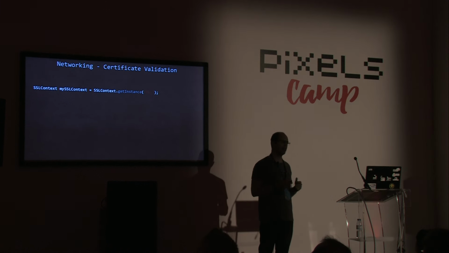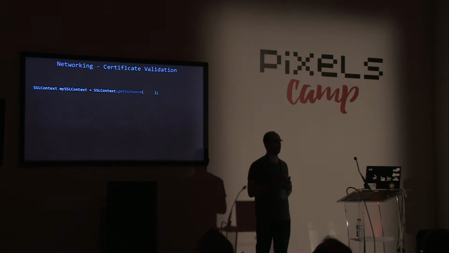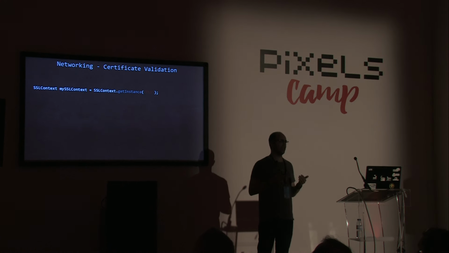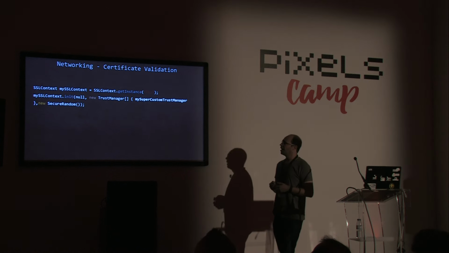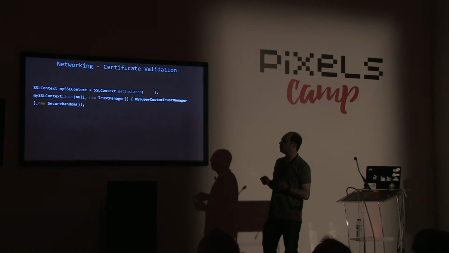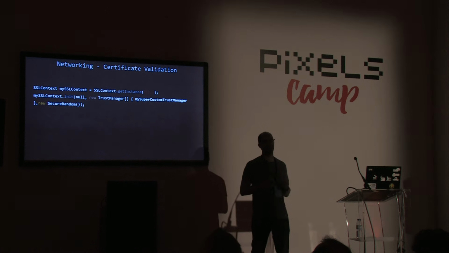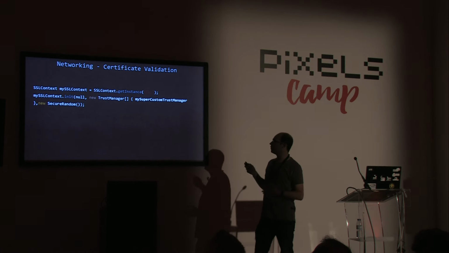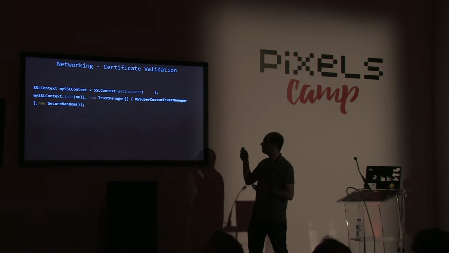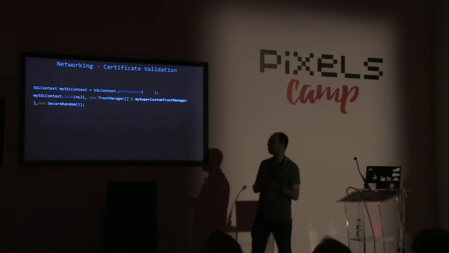So the first scenario was that self-signed certificate. The developer was Googling, okay, I found a solution to get rid of those errors. It implies creating an SSL context. We're going to initiate the context with something called the trust manager. And I'm going to create, in this case, my custom trust manager, my super custom trust manager, okay?